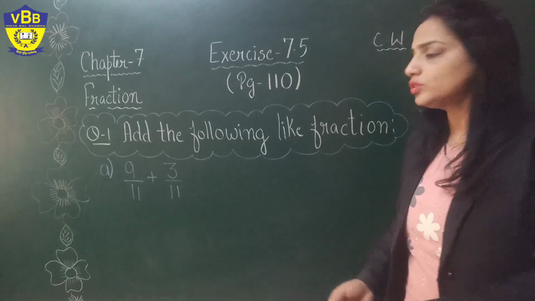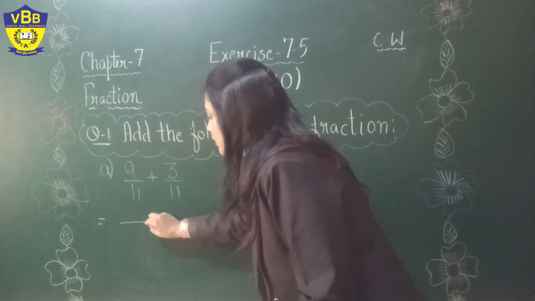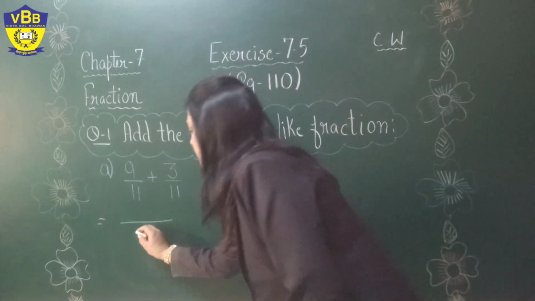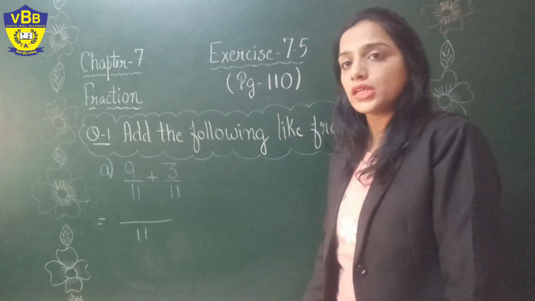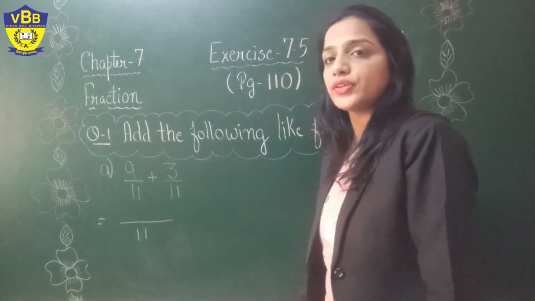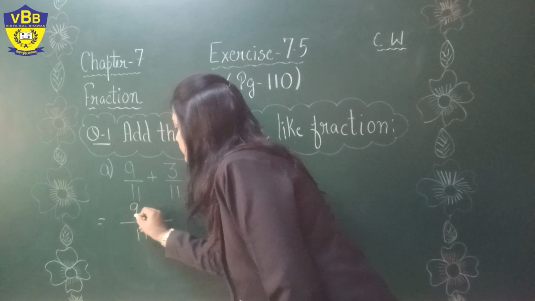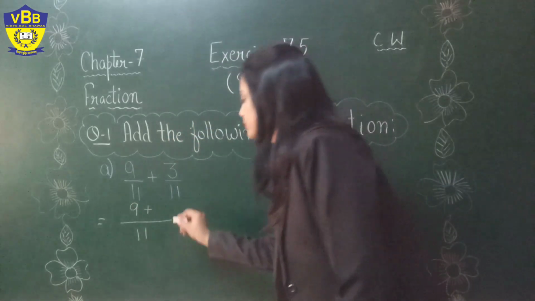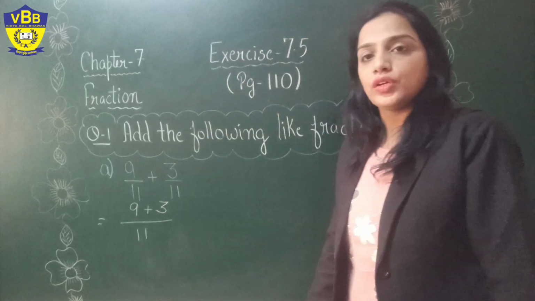Now our next step is to add both fractions. So how will we do it? The denominator value will remain the same, right? And we have the numerator 9. We are doing the addition, so put the addition sign. Then 3.